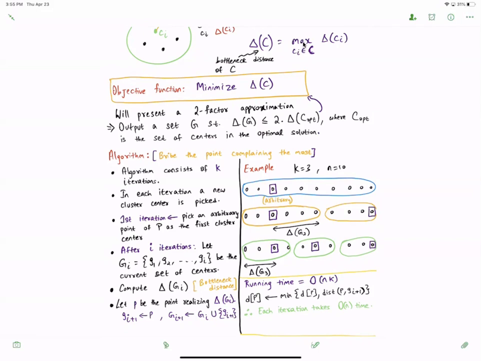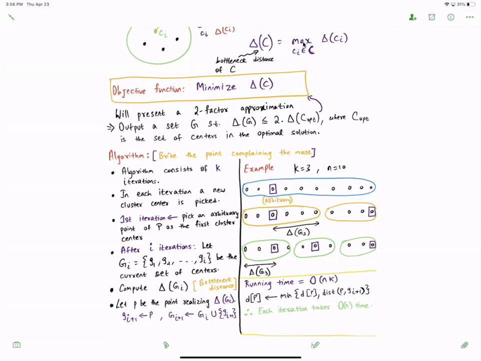At this point, this is the closest center for everyone, so we have only one cluster. As I said, the summary of this algorithm is to bribe the point complaining the most. Which is the point complaining the most? It's the rightmost point, because in the figure it looks like this point is the farthest from the cluster center.